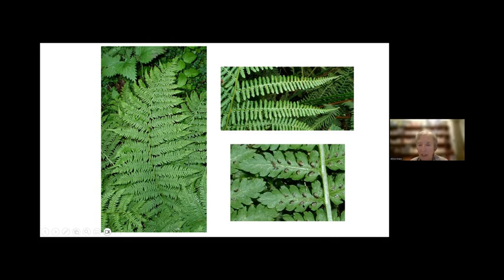But we've already looked at these C-shaped or J-shaped indusia with this pale indusium, and if you get your hand lens on it, you'll see that it's got a fringed edge.